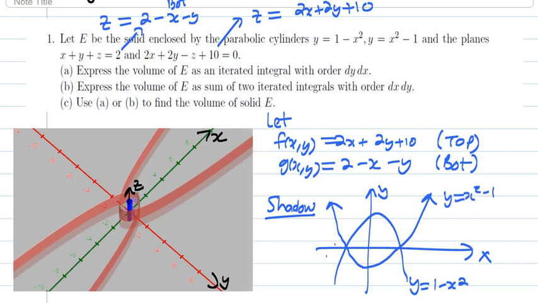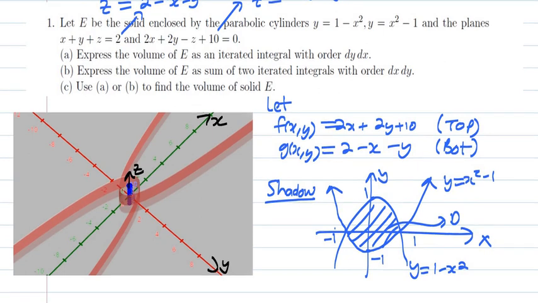You can see they both cut the x-axis at minus 1 and 1. The one parabola cuts the y-axis at 1, and the other cuts the y-axis at minus 1. So they enclose this region D, and this is the shadow on the xy plane. So now we have a rough idea what the solid looks like, and we know what the shadow of the solid on the xy plane looks like.